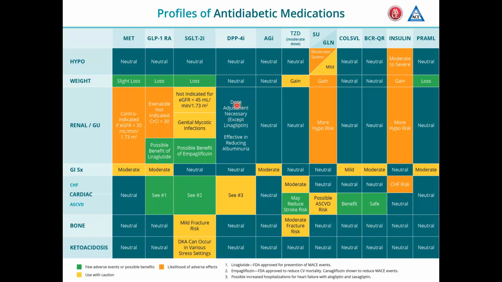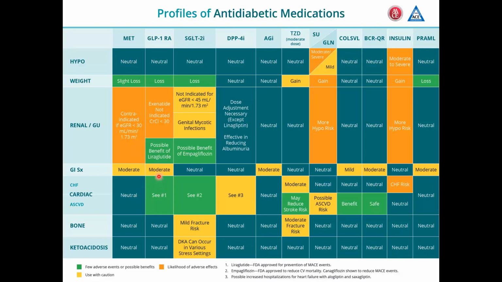Linagliptin you can give safely to patients with diabetes with reduced kidney function. You can give AGI, that is alpha glucosidase inhibitor, or thiazolidinediones in renally compromised patients, but you should avoid sulfonylurea and metformin. Metformin you can give if the eGFR is more than 30, but it is better to avoid if it is less than 30.